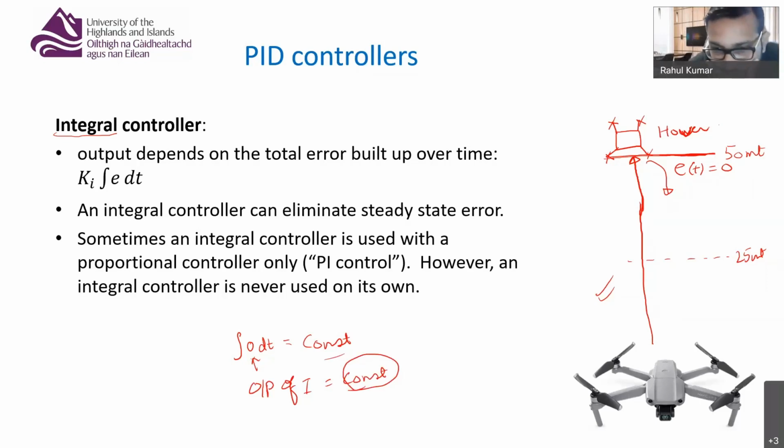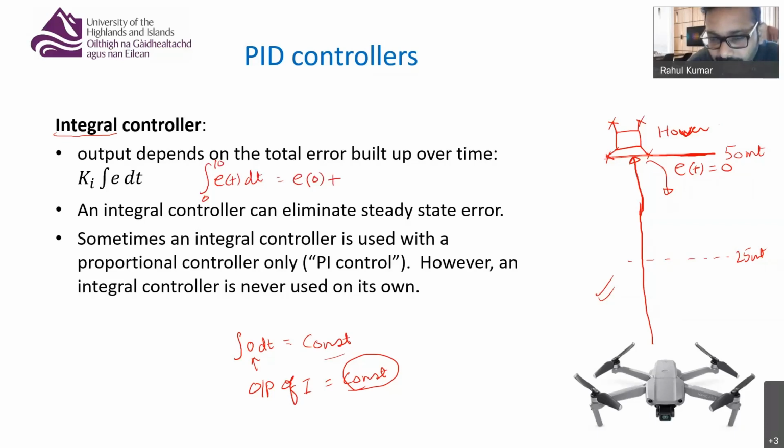Okay. So this is an advantage, we could say, of using an integral controller. Now, another property of integration is that we integrate anything over time. Let's say we are integrating from 0 to 10 seconds. Integration means adding the quantity.